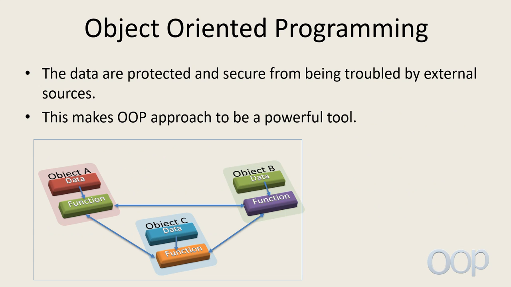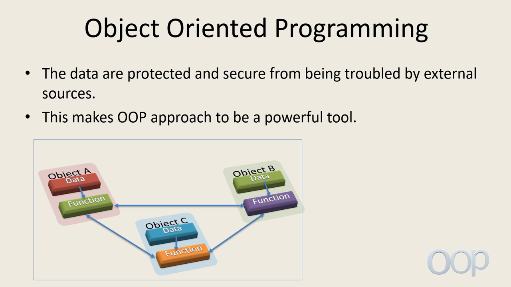The data are protected and secure from being troubled by external sources. So you cannot hack the data if it is protected; you cannot destroy or modify the data. Object oriented programming is a powerful tool because of this protection.